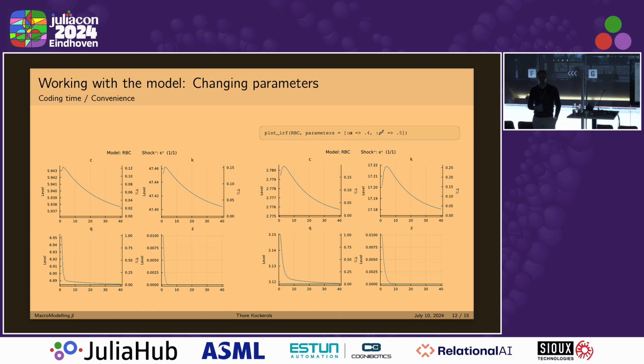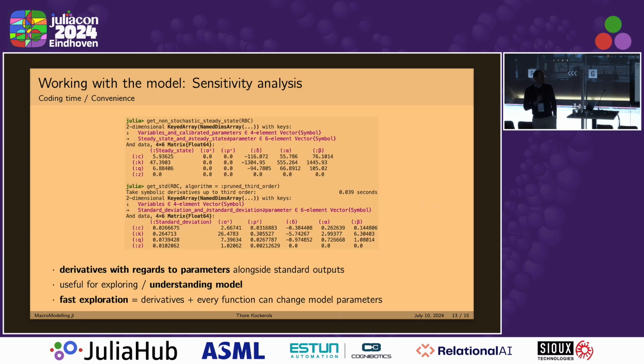So there's, again, convenience. Now, another thing, which is one of the standout features, I would say, is sensitivity analysis. Here, I have a model, I want to understand how it works, how the parameters matter in my model, so I can calculate statistics. So here I took two statistics. I took the non-stochastic steady state, which I want to know, and also the theoretical standard deviations of my model variables, of my state space variables. But I also want to do this at third order.